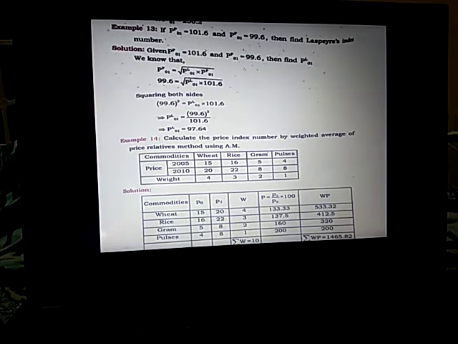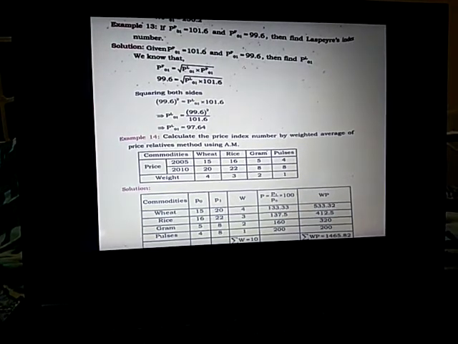The capital P here is the price relative. In the fifth column, capital P equals P1 divided by P0 into 100. That capital P is price relative. So that we calculate. Then we have W. Then we calculate WP, the last column. And then we find summation W, the sum of all the W, and summation WP.